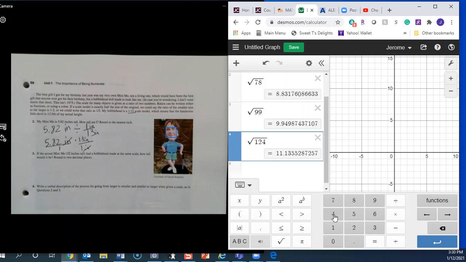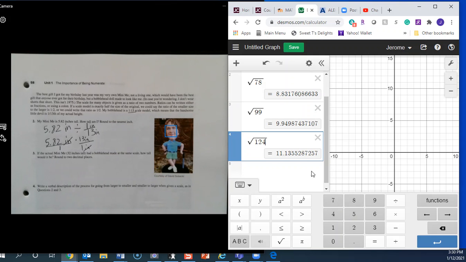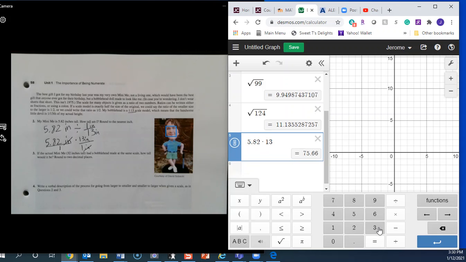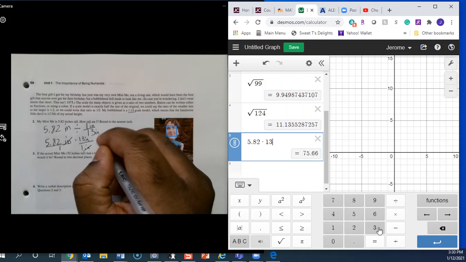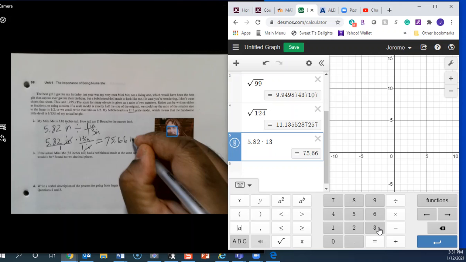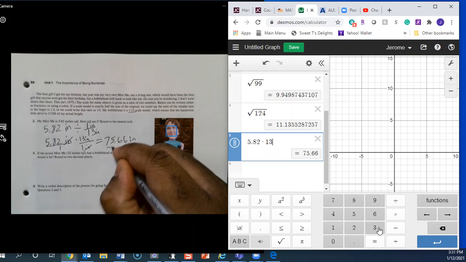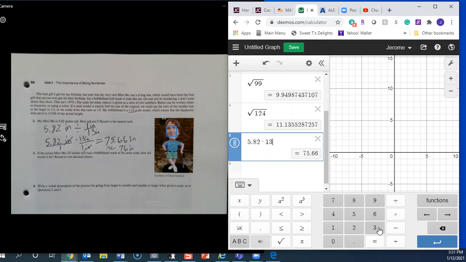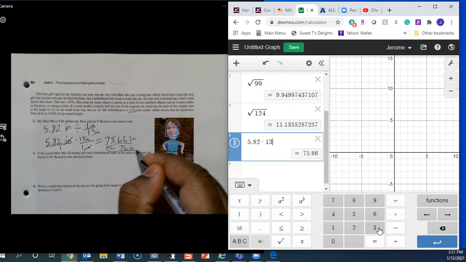So 5.82 times 13, let's put that in a calculator, will give you exactly 75.66 inches, which is approximately 76 inches. As they say, round to the nearest inch. So your final answer would be this 76 inches.